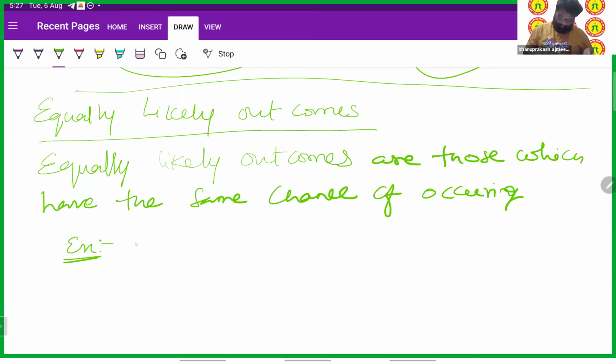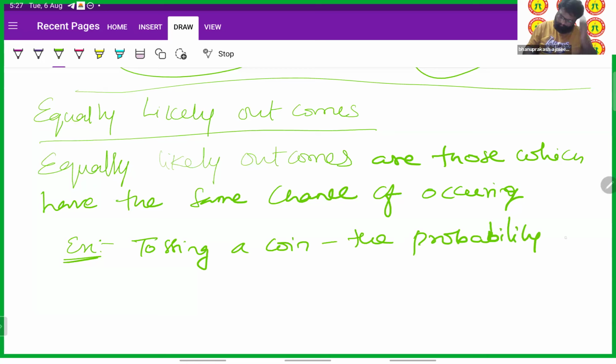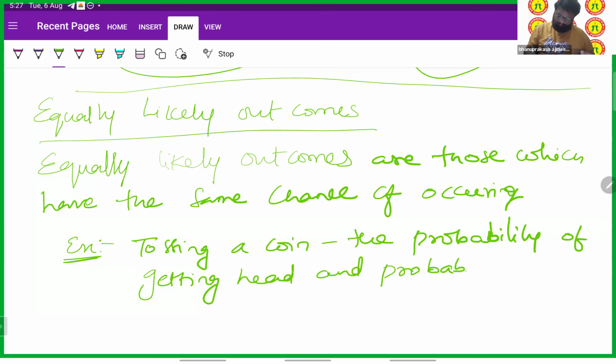Example, tossing a coin. The probability of getting a head and the probability of getting a tail is equal.